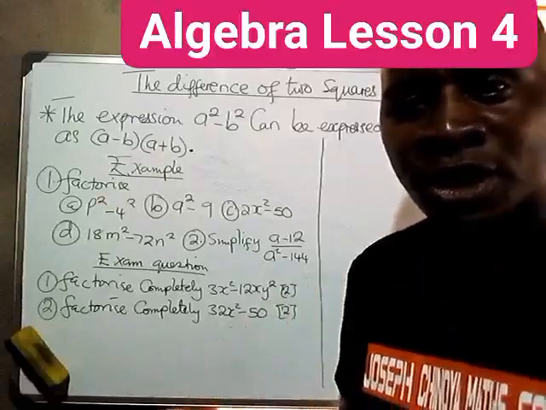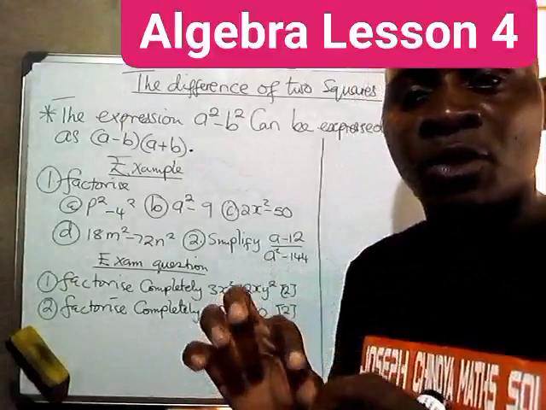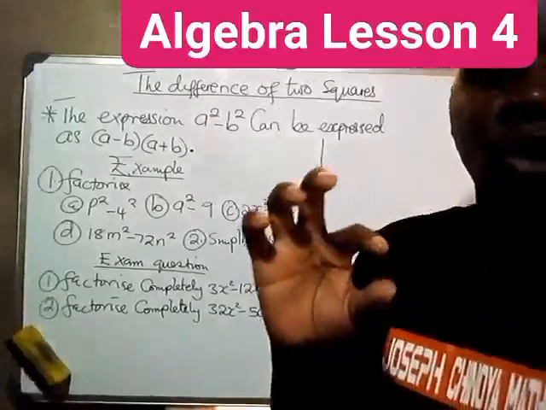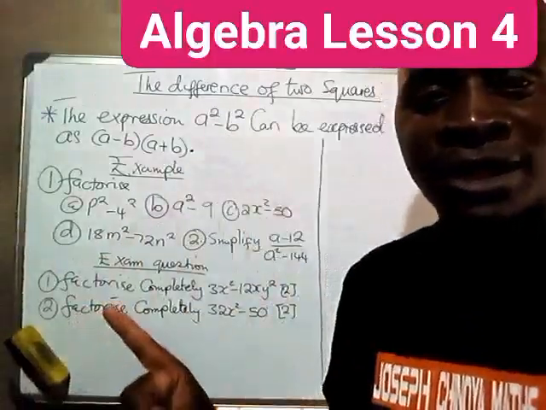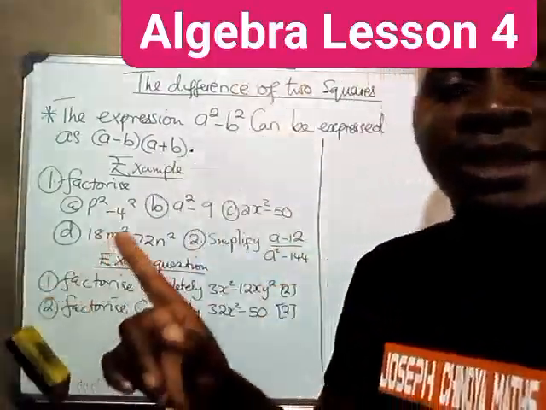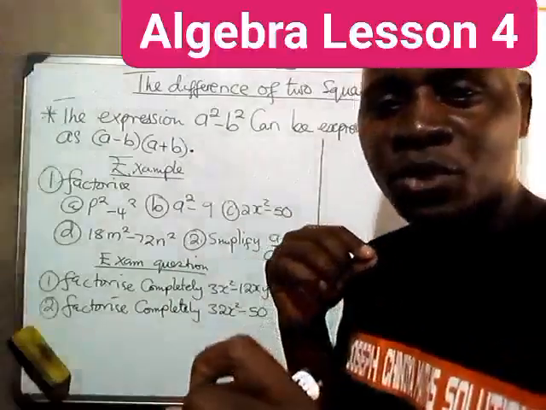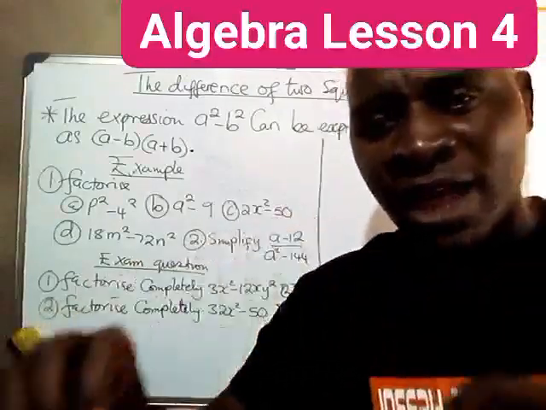Why is it called that? It is known as a difference because there is a minus sign, and it's called two squares because there are two squares: a squared and b squared, and in between them there is a minus sign.